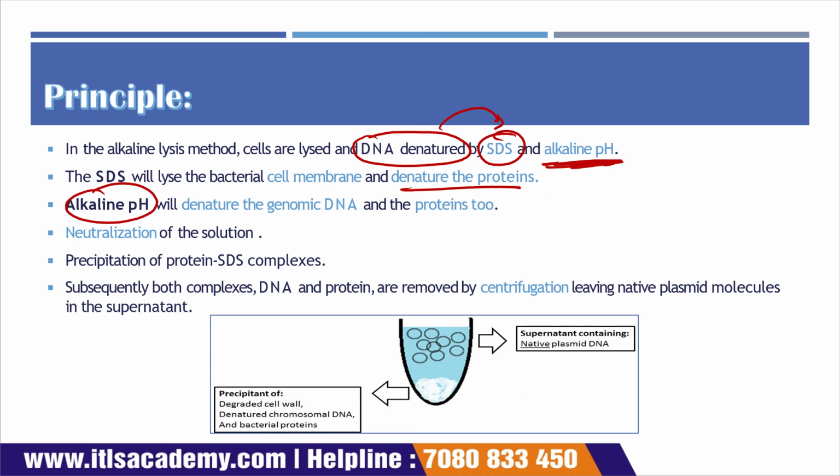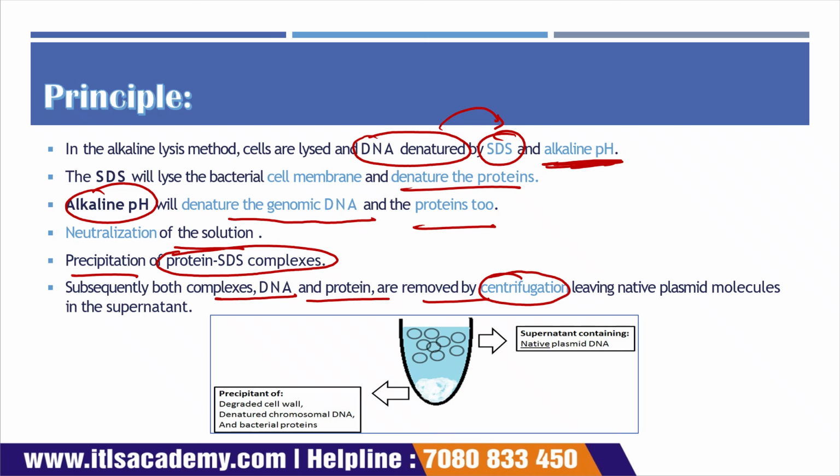Due to the alkaline pH, the genomic DNA denatures and protein also denatures. Then neutralization of the solution occurs, and there is formation of a protein-SDS complex, which precipitates in the tube. Subsequently we remove that complex of DNA and protein by centrifugation, and in the supernatant we get native plasmid molecules.